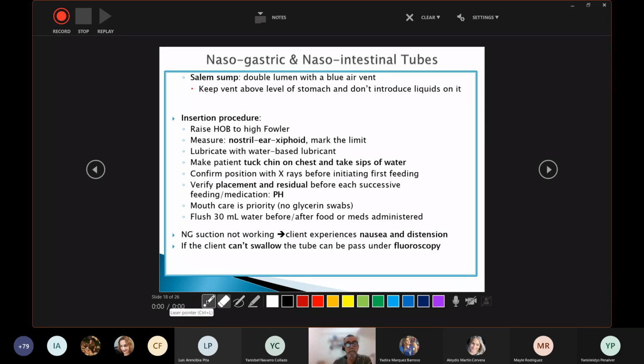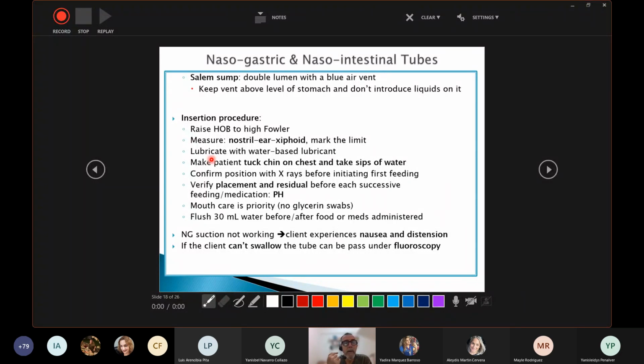And then when it is measured, you lubricate before introducing with water-based lubricant, never petroleum. To introduce the tube, of course, you need to find the nostril.